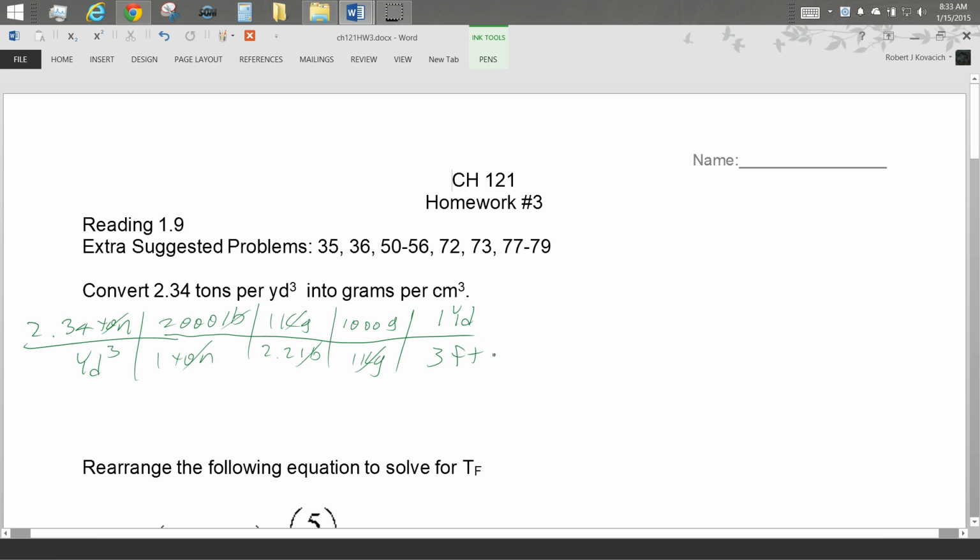So if I use that unit conversion, what happens? You're still left with that square. This yard here cancels out with one of these yards, but it's still yards squared. Everybody okay with that?